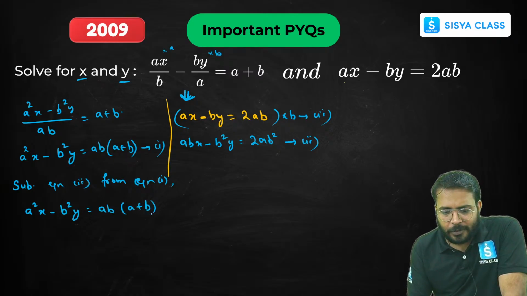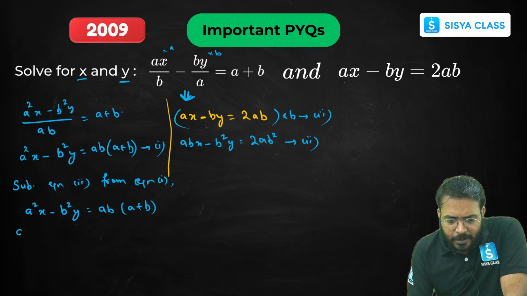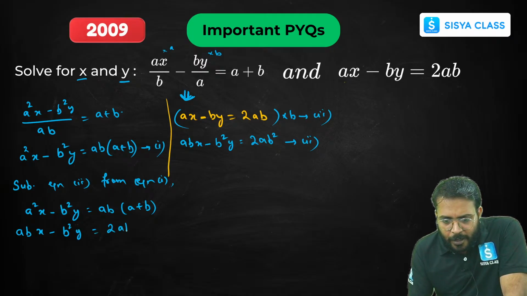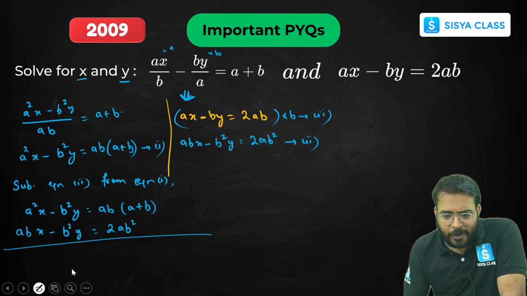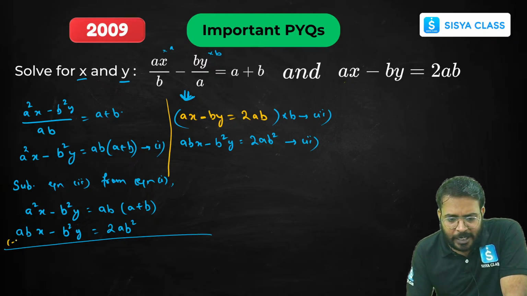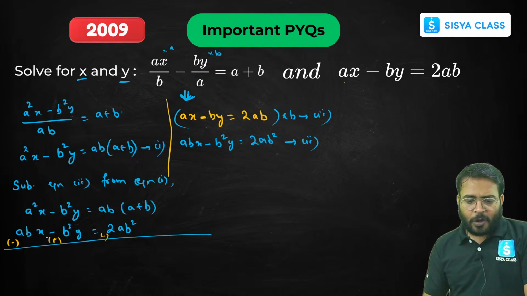And my second equation is abx minus b square y is equal to 2ab square. Since I need to subtract equation 2 from equation 1, the signs will get changed: plus will become minus, minus will become plus, and plus will become minus.